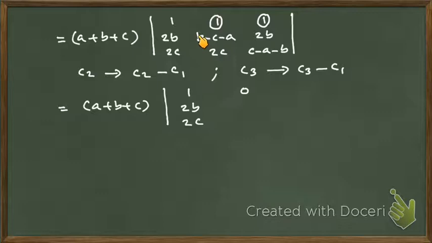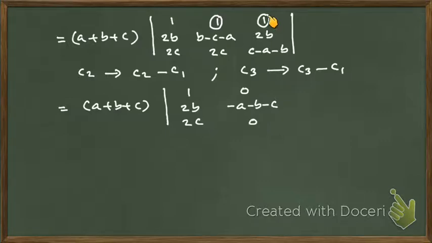Now this B minus 2B is going to be minus B. You already have minus C, you already have minus A, which means this is going to become minus A, minus B, minus C. Once again, when I subtract C1 from C2, B minus 2B is minus B there, then I have a minus C and minus A. So it's going to be minus A, minus B, minus C, then 2C minus 2C is 0.